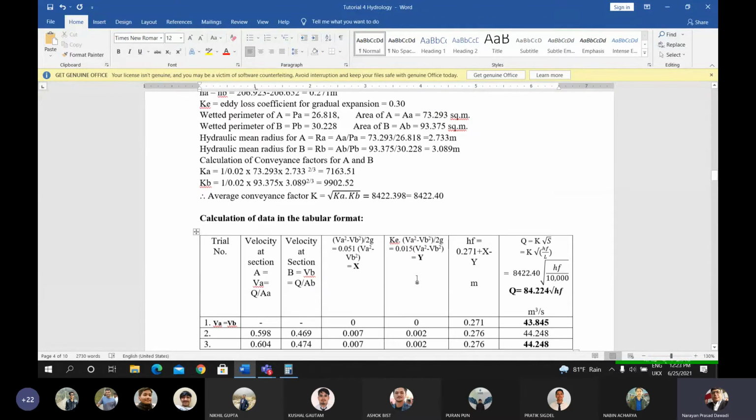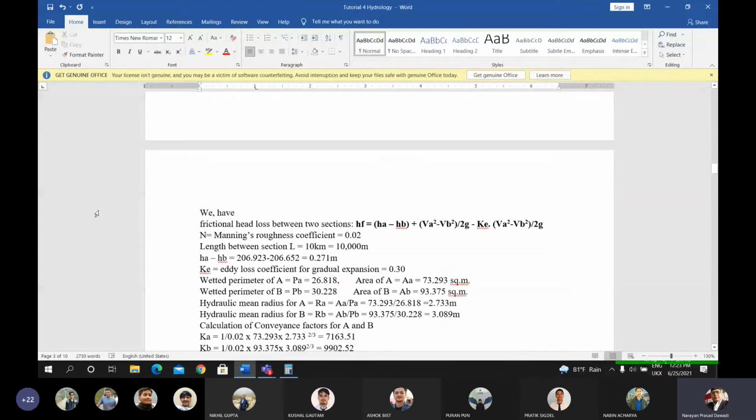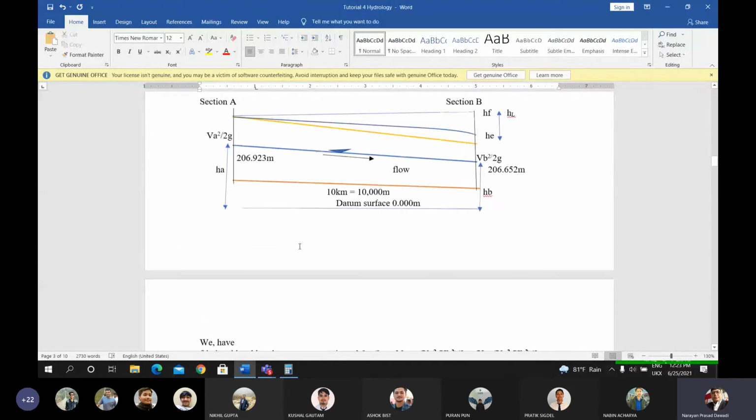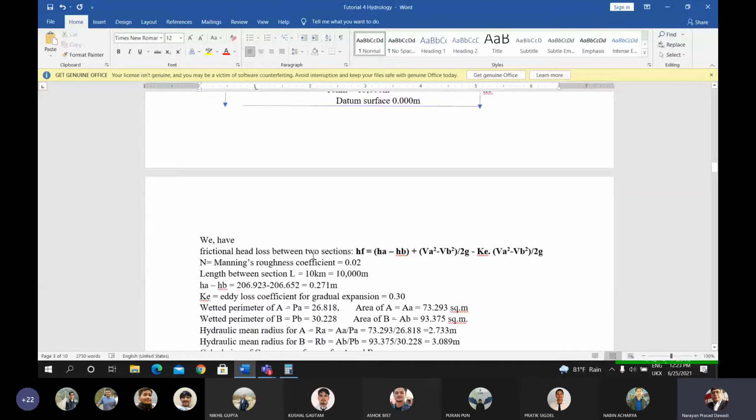In the previous example, we were not provided with the velocity coefficient, so we did not multiply the velocity head by alpha 1 and alpha 2. That's why we don't need to do that for that example.